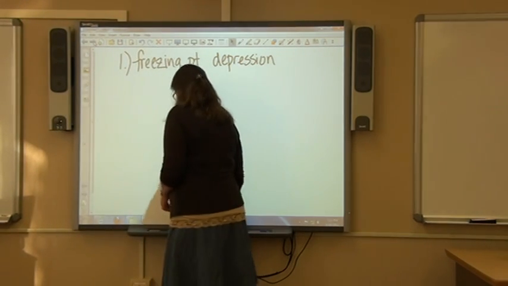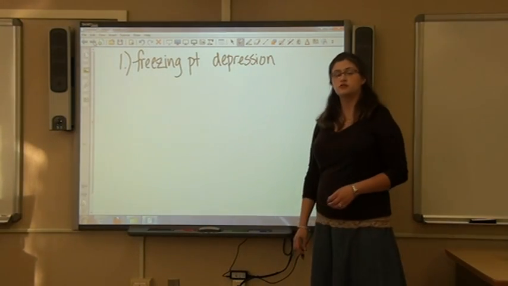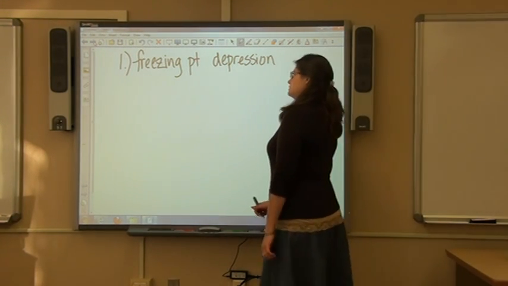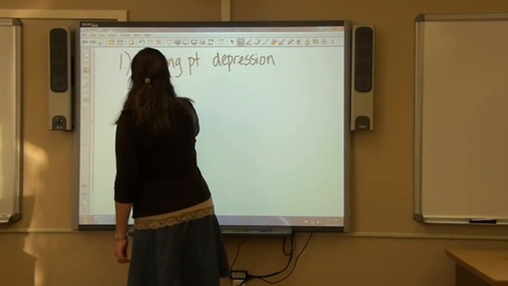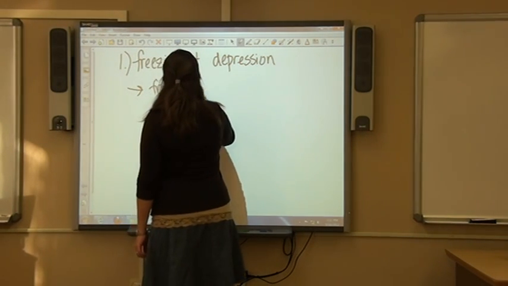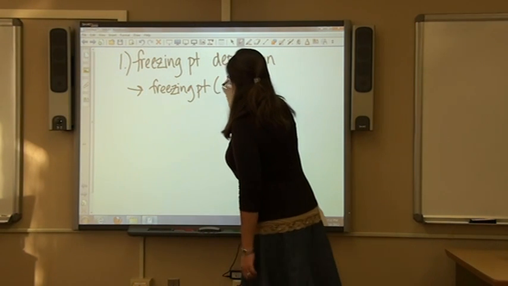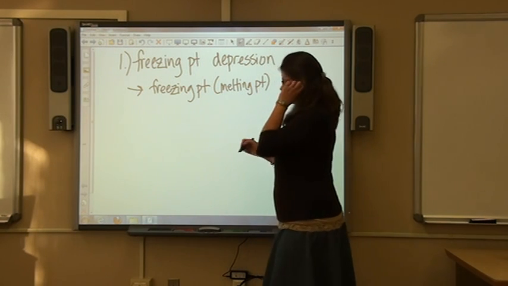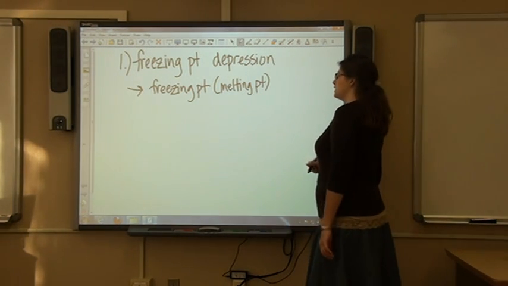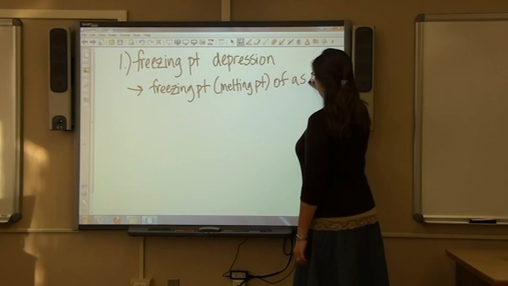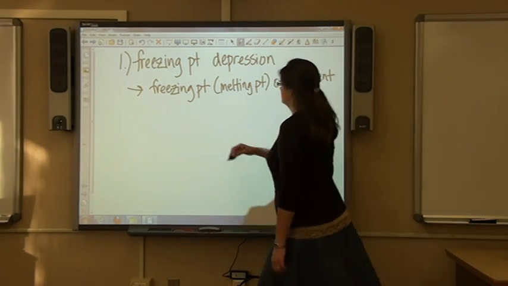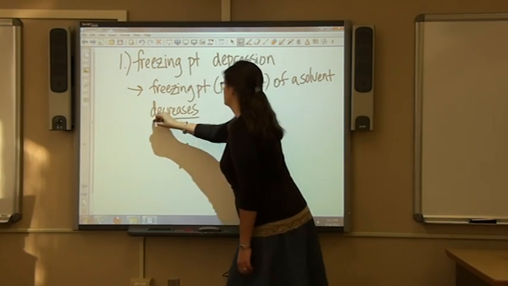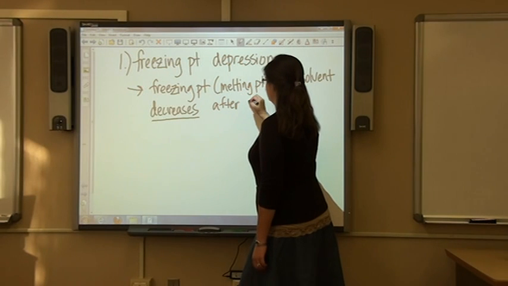Okay, the first colligative property is called freezing point depression. This property states that the freezing point, which is the same thing as melting point, depending on your perspective, of a solvent decreases after solute is added.